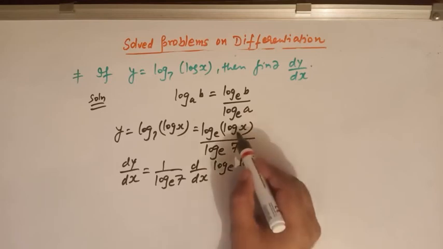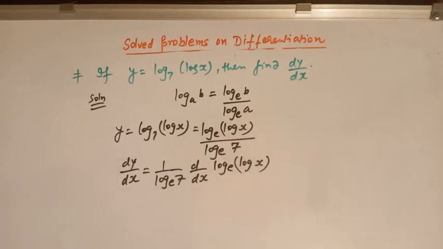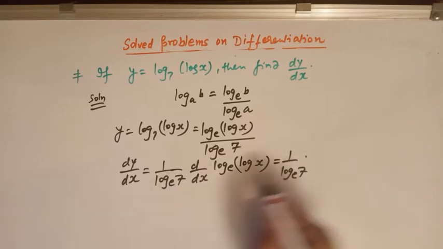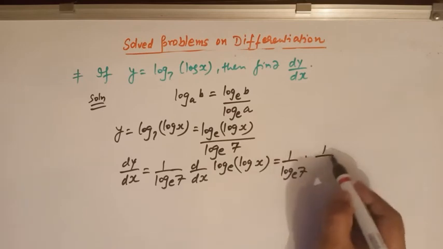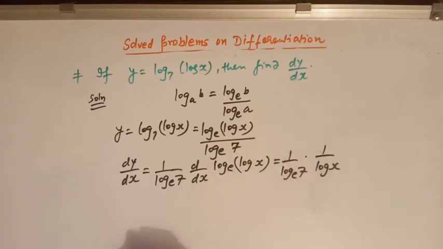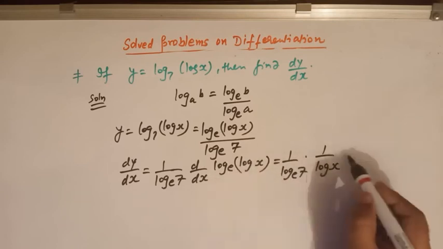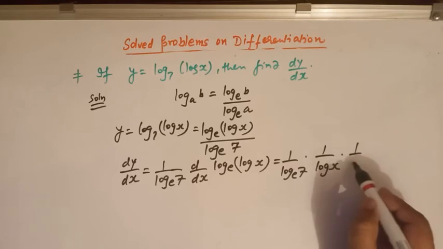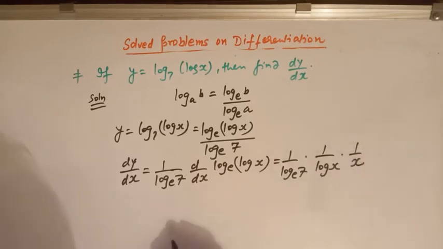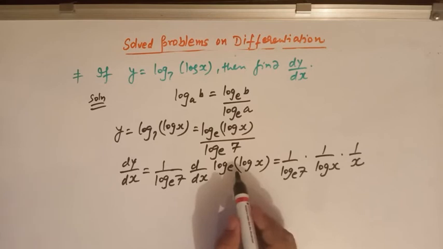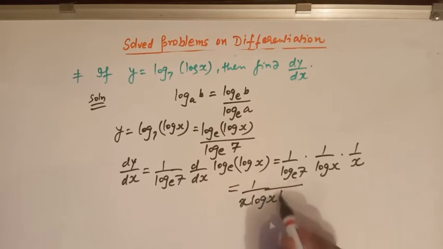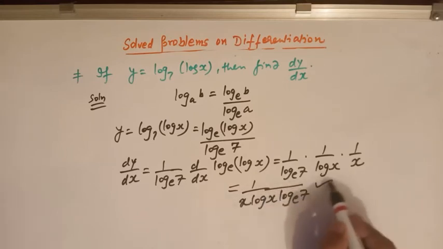Here e is understood, so we have only log x. Clear? So we have the constant, then the derivative of log of something is 1 over that thing, which is 1 over log x, and then we differentiate log x, so we have 1 over x. Clear? So the final derivative is given by 1 over x log x, and then log e of 7. So this is the required derivative.